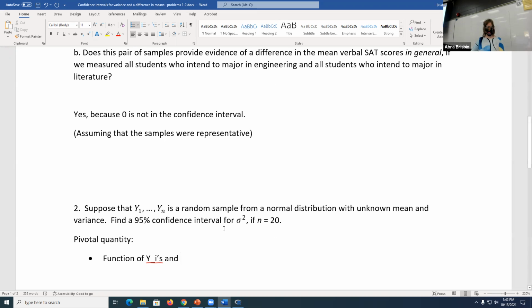Yeah, y sub i's and sigma or sigma squared, and no other unknown quantities. And here we have that the mean is unknown. So that means that we also need it to not be a function of mu.